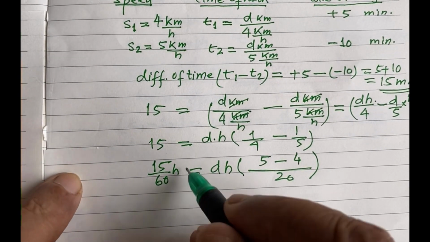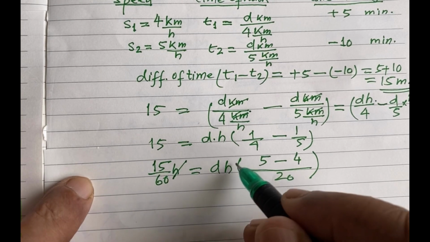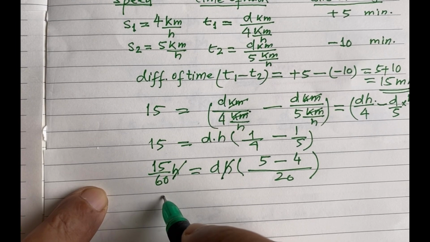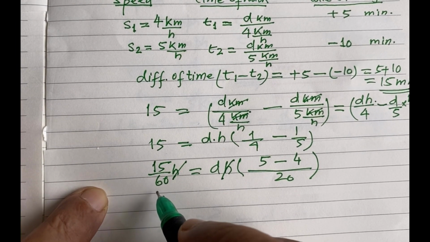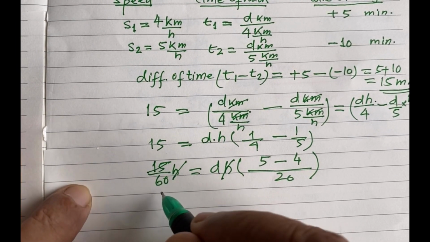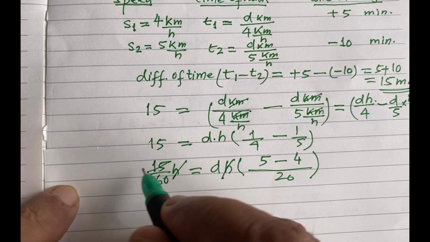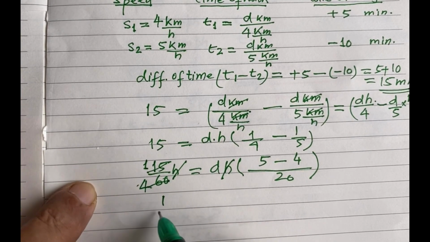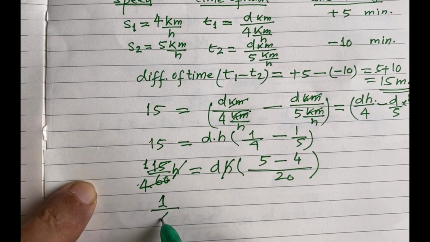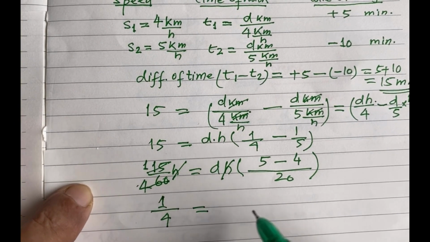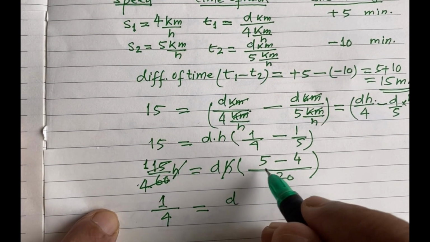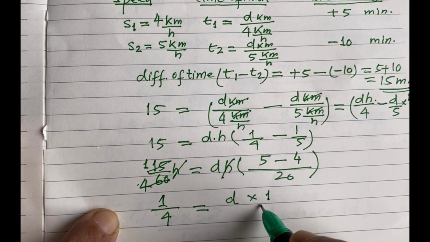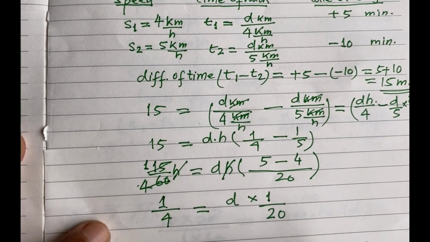So this hour on this side and this hour on the other side both get cancelled, so we get 15 by 60, that is 15 divided by 60. 1 times 15 is 15 and 4 times 15 is 60, so we get 1 by 4 here, and this is equal to d times 5 minus 4, which is 1 divided by 20.